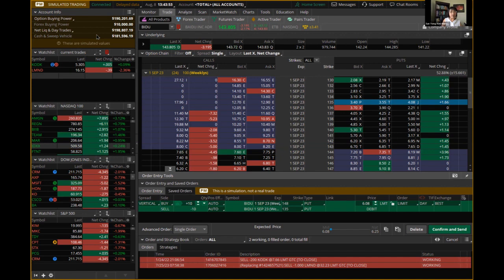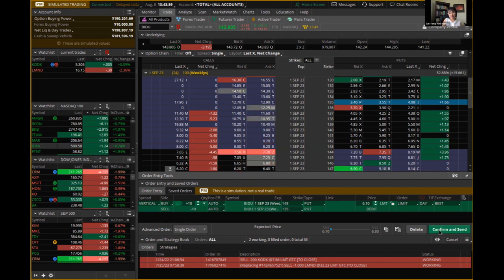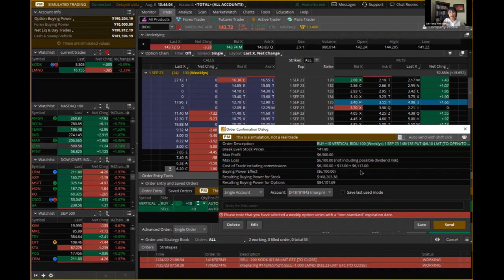Now, if you don't have a lot of money in your option buying power, you don't want to do 10 contracts because that's expensive. Okay, take a look at it quickly. The cost of trade right here is like 6,113. That's with the $13 commission for 10 contracts.